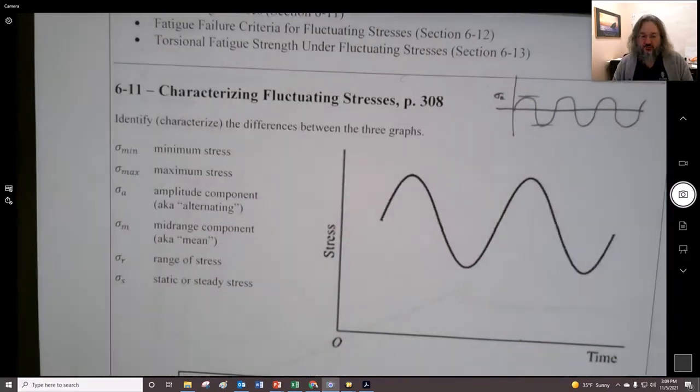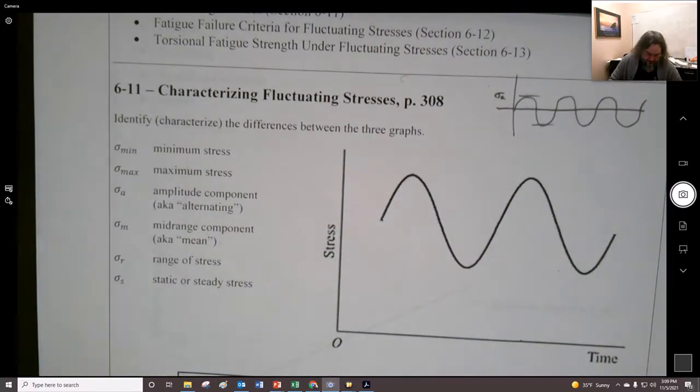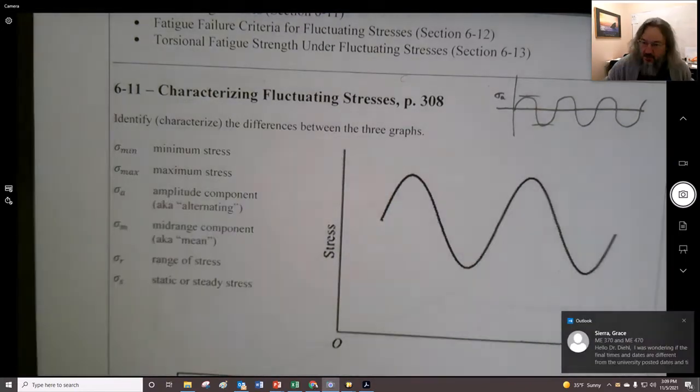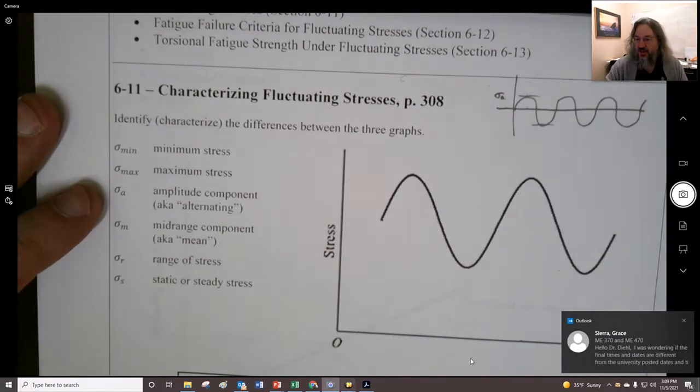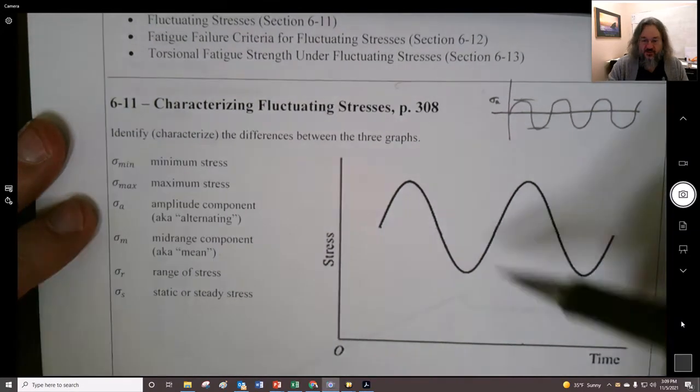But what if instead we were bending it and then going like this? So there's always some amount of stress on it, but the amount of stress varies. That would be described with this type of curve.